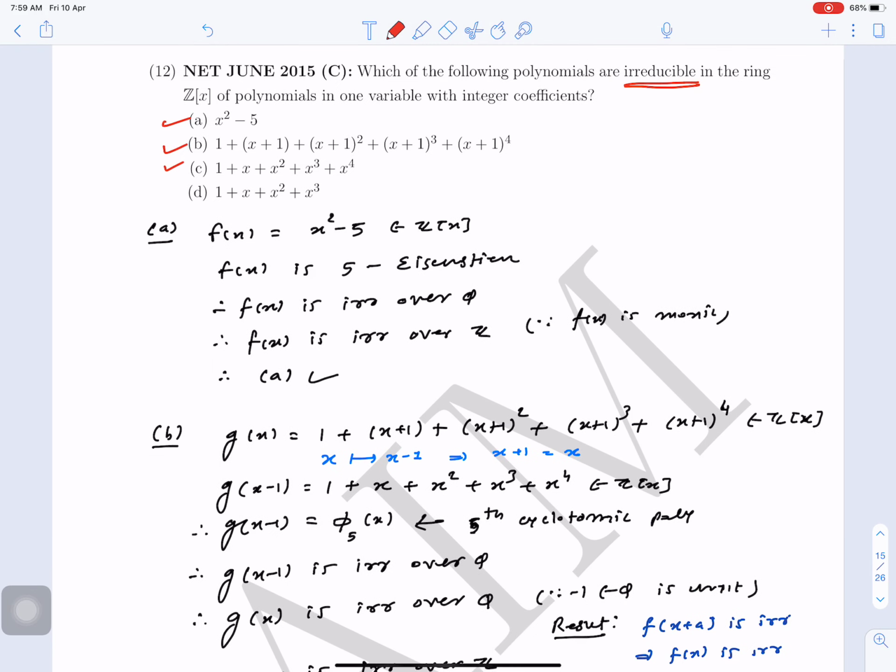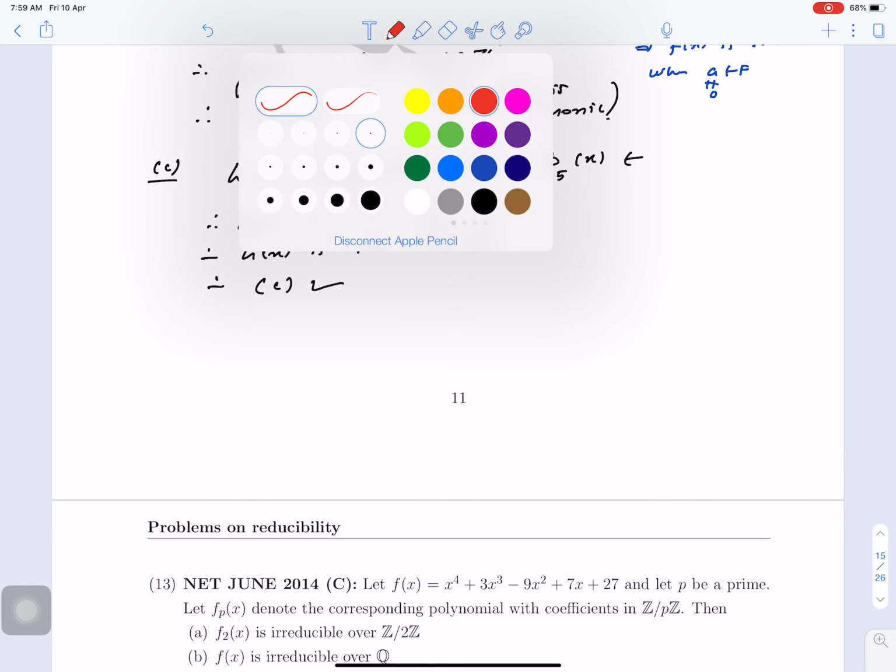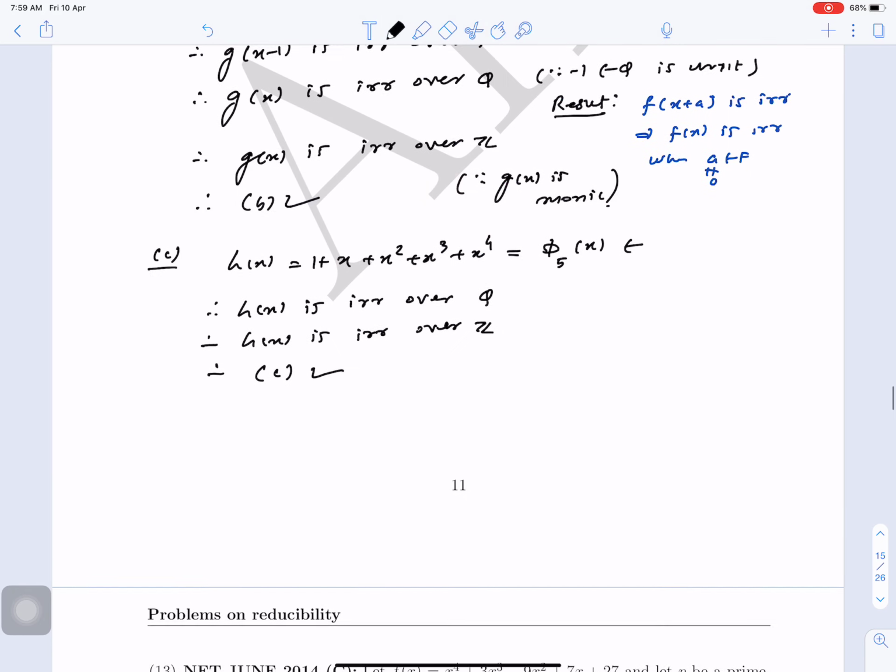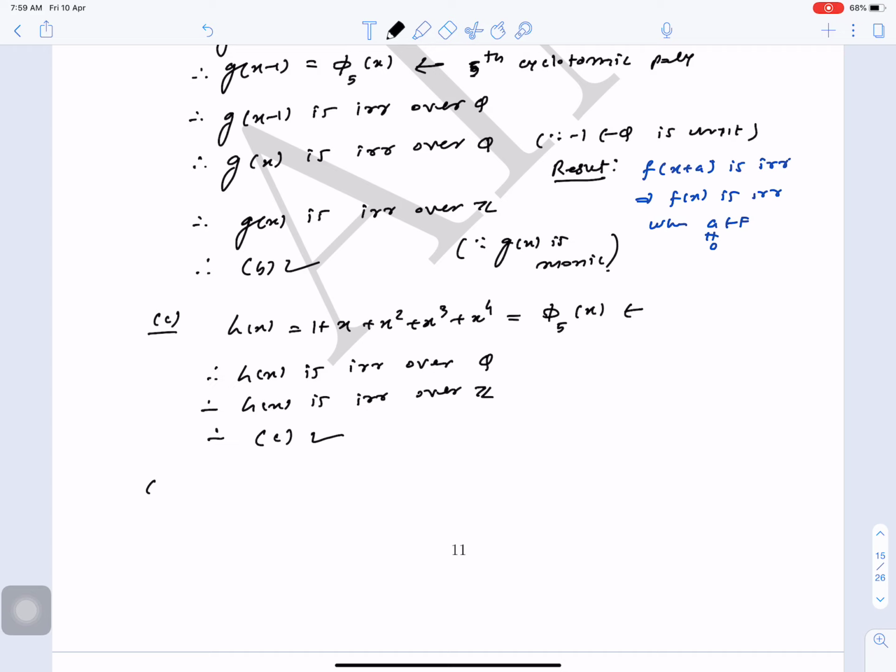And option D. For D, let t(x) be 1 plus x plus x square plus x cube. But 1 plus x square is common, so it is (1 plus x) into (1 plus x square).